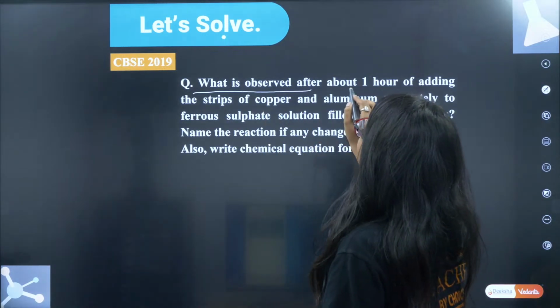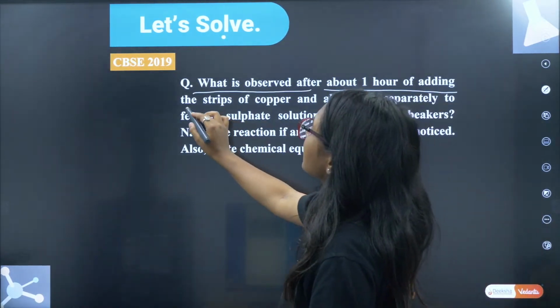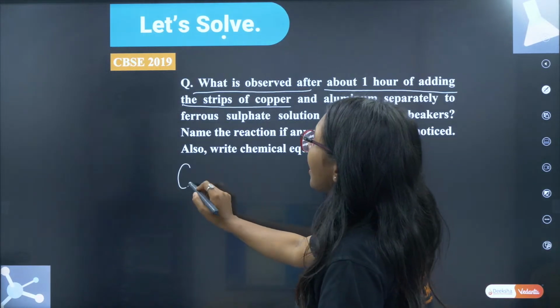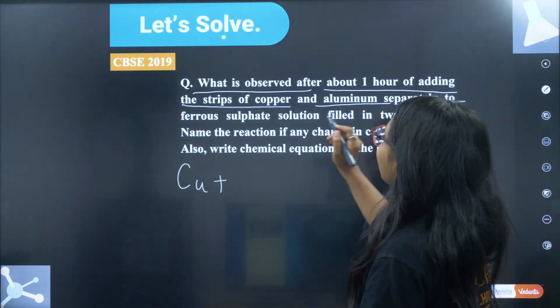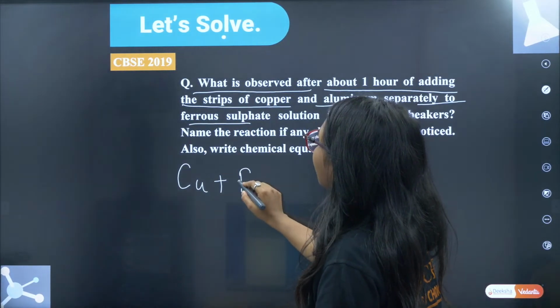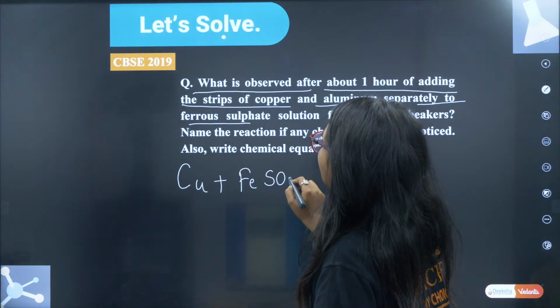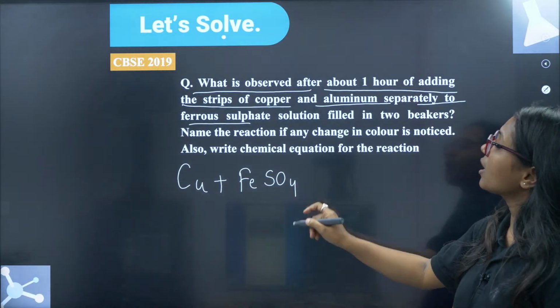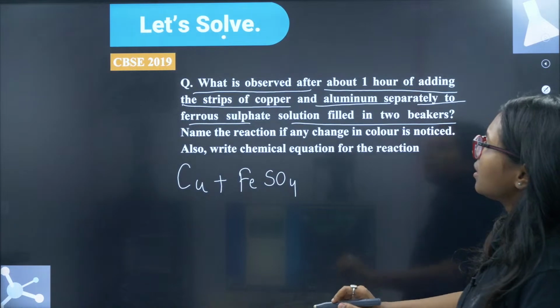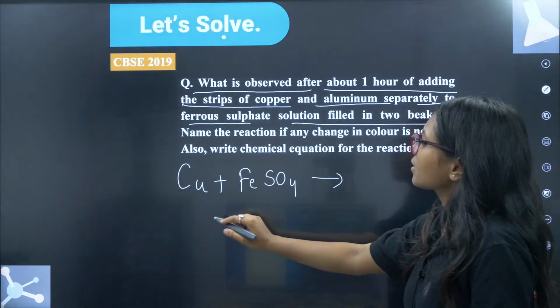What is observed after about 1 hour of adding the strips of copper? You are adding copper and aluminium separately to the ferrous sulfate. Ferrous sulfate means FeSO4 solution filled in 2 beakers. Correct? Can you tell me?